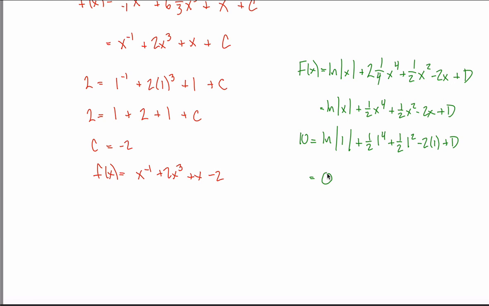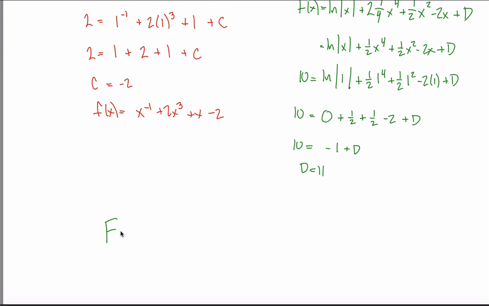Well, e to the 0 power equals 1, so the natural log of 1 is 0. And then 1 to the 4th power is 1, times 1/2 gives me 1/2. 1 squared is 1, times 1/2 gives me 1/2. Minus 2 plus d is supposed to be 10. Well, let's see, here's 1, there's 0, negative 2. Looks like I have 10 equals negative 1 plus d, so d must be equal to 11.